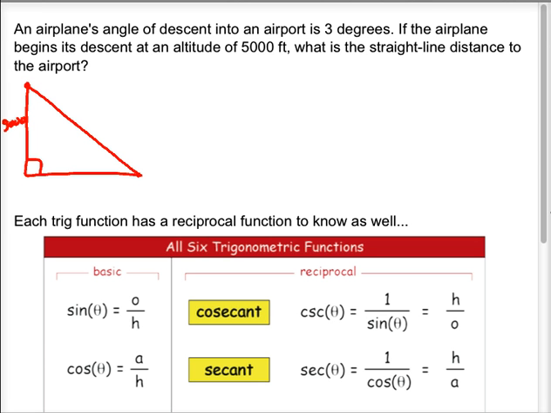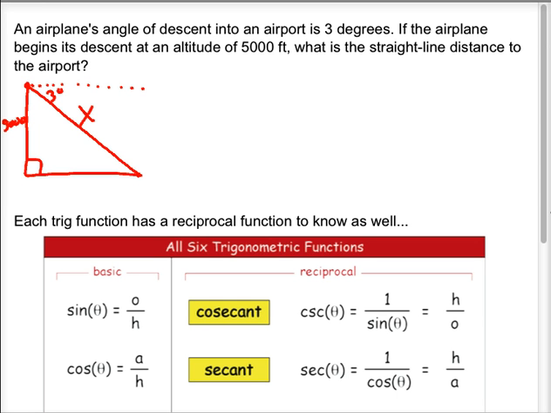So we have an altitude of 5,000 feet for the airplane. We want to know the straight line distance to the airport. So the airplane just flying straight at the airport. And then it gives us its angle of descent. Angle of descent, that's giving us 3 degrees from the top.